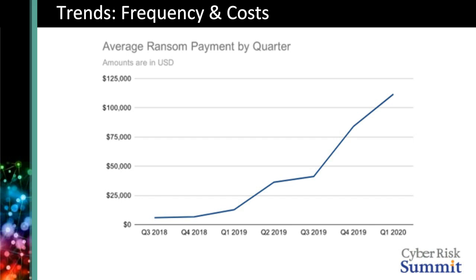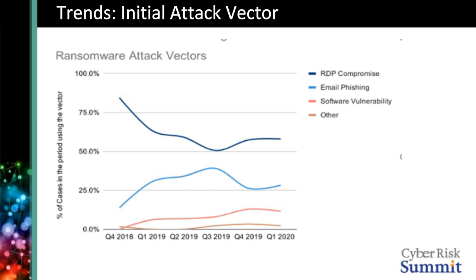So let's talk about the attack vector itself, and maybe Ben and Bill, you could speak to this. Ben? Yeah, we continue to see some of the same attack vectors over the last couple of years. You can see some of the trend lines there that definitely show that RDP compromises and email phishing is something that is highly prized.